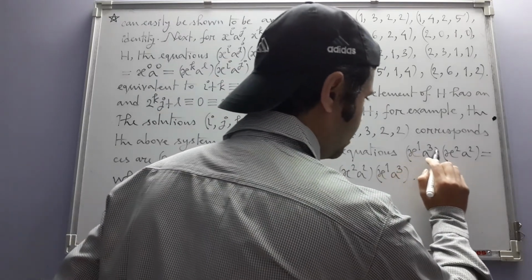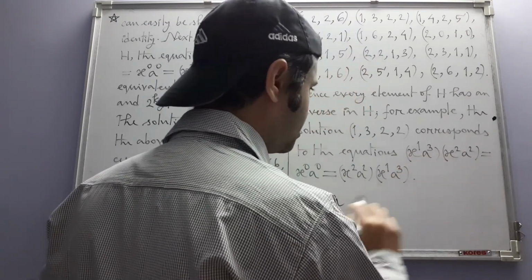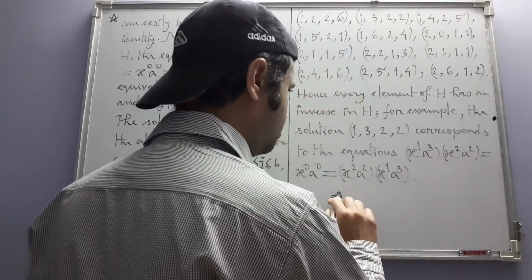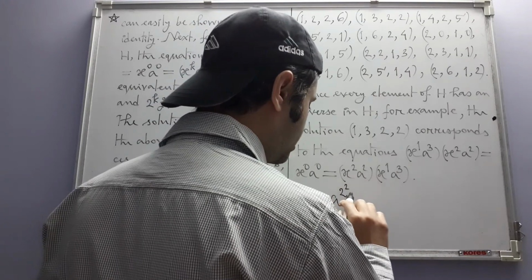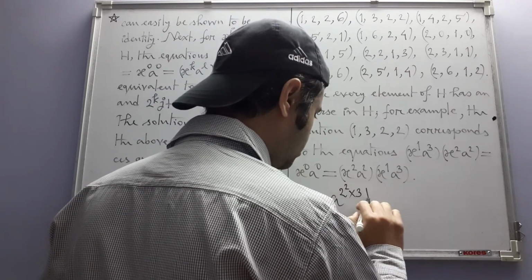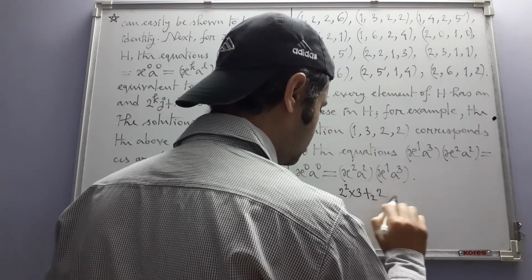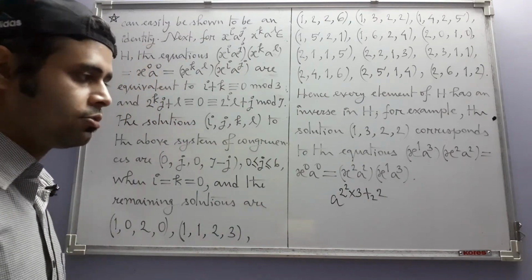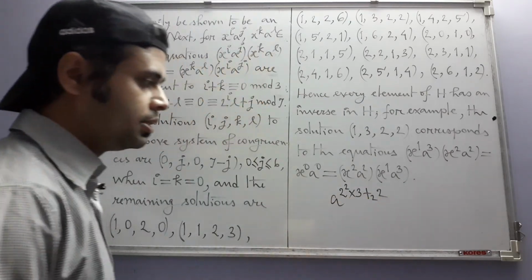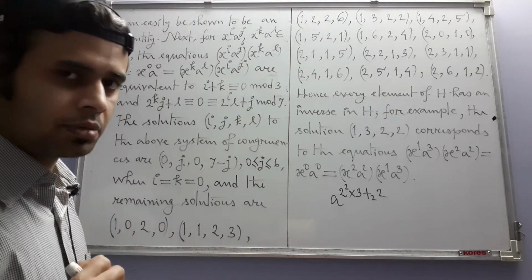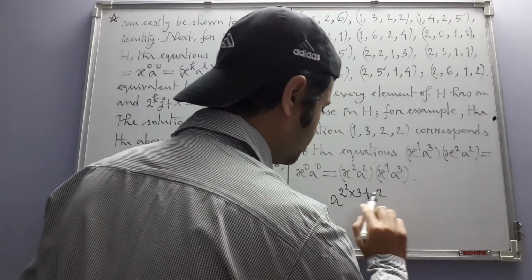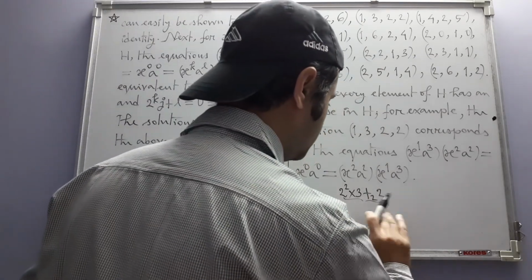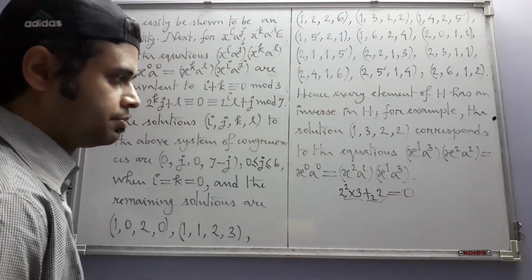Okay. Now what happens to the number that comes above a? From this calculation, we will have 2 square times 3 plus 2. 4 times 3 is 12. 12 plus 2 is 14. When we divide 14 by 7, the remainder is 0. That means this thing is 0.